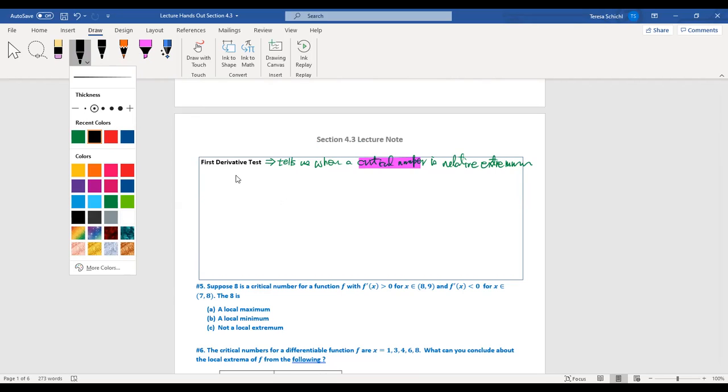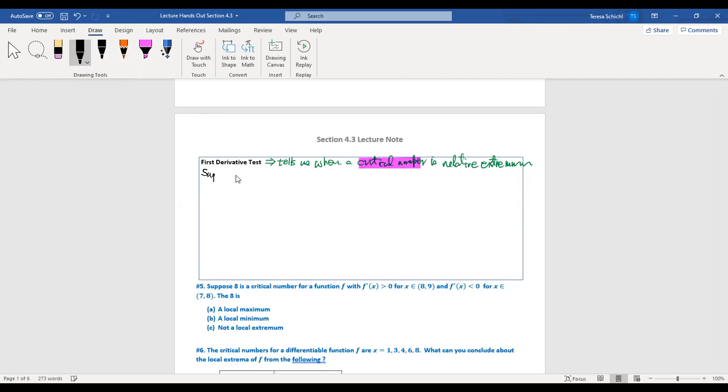Okay, so what is the first derivative test? Let's suppose c is a critical number of a continuous function f here, okay?